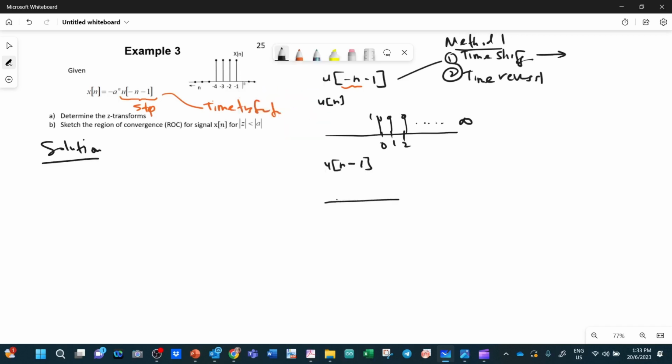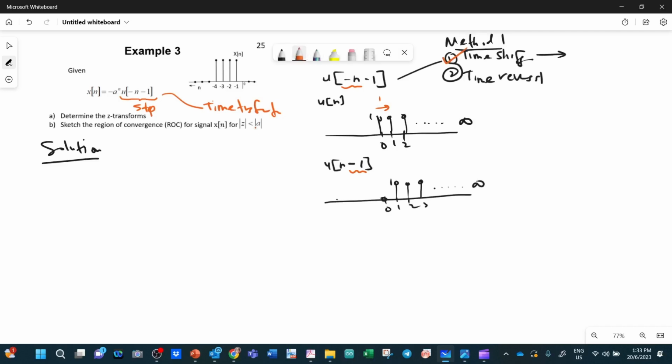When we have a time shifting by minus 1, we shift it by 1 to the right side. So you draw it as 0 being shifted to the right, until infinity with amplitude 1. So you have completed this time shifting.